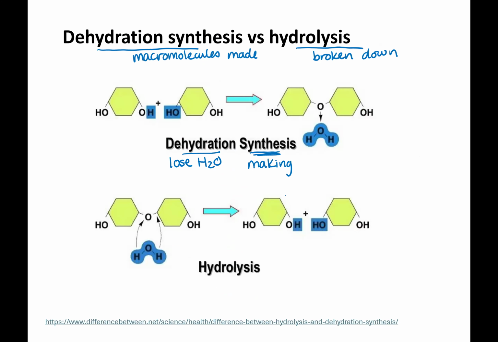So that means there's an enzyme here that's not being shown that brings these two molecules together, makes a covalent bond, and in that process, water is lost. So that's dehydration synthesis.